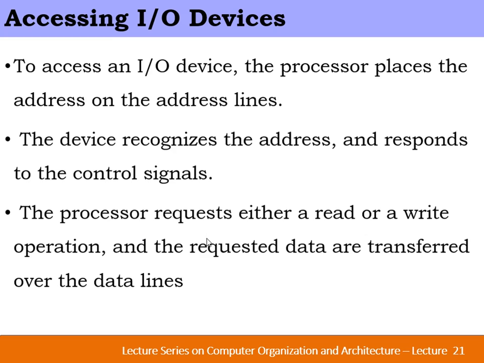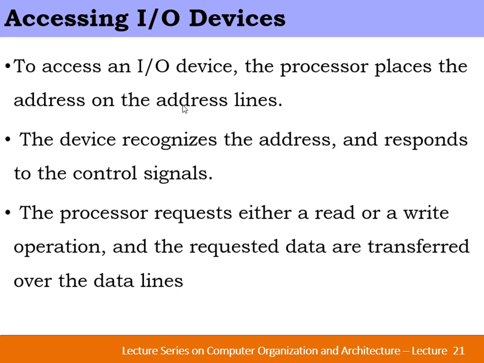Read means the IO device is used for reading the data, that is, we are going to get information from the IO device. Write operation means the processor is going to send information to an IO device. So that is called a read or write operation. There will be either a read operation or a write operation, and the requested data are transferred on the data lines.